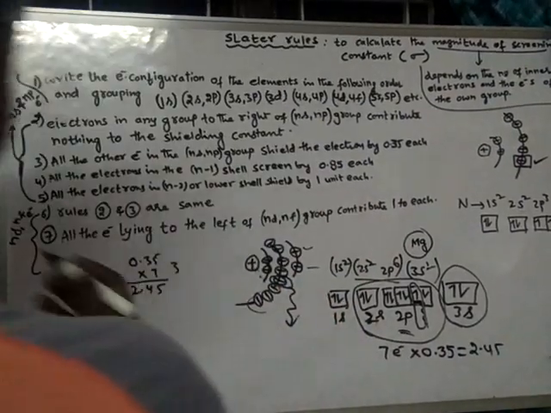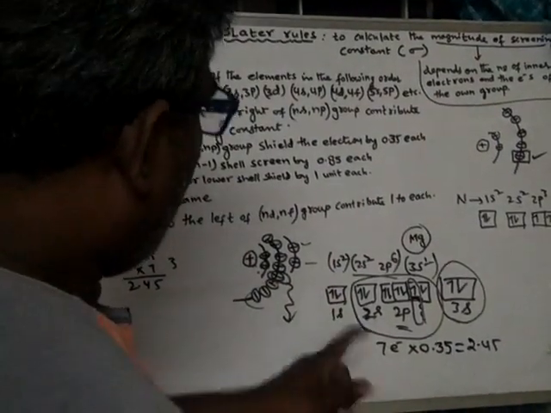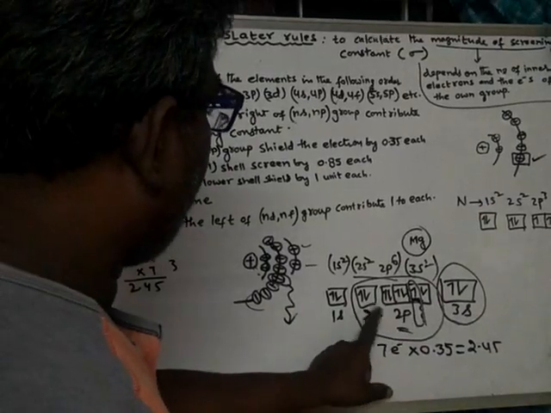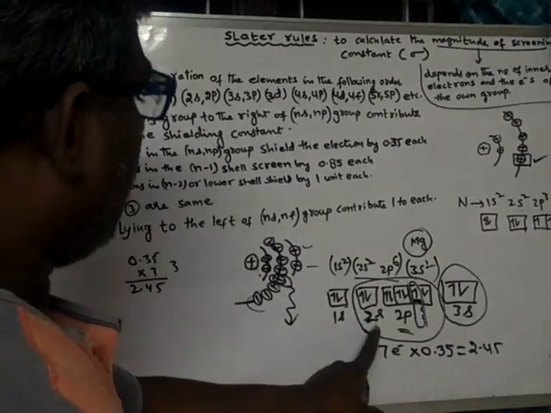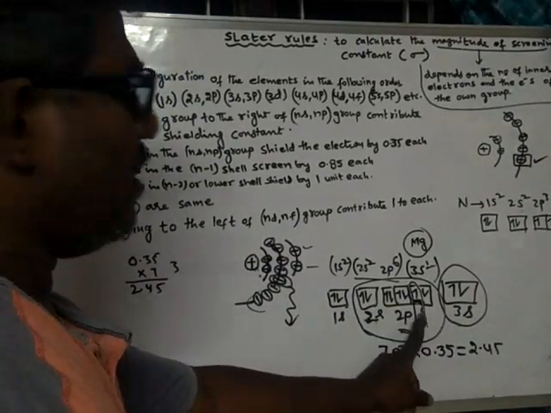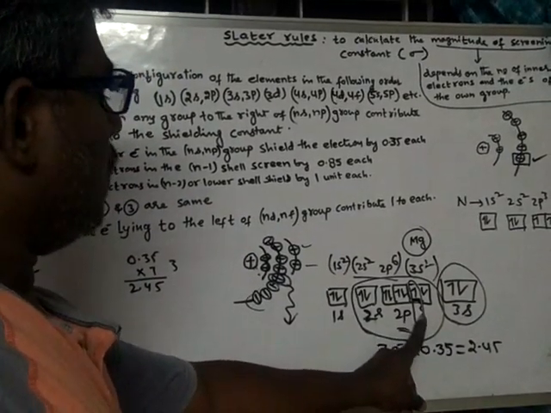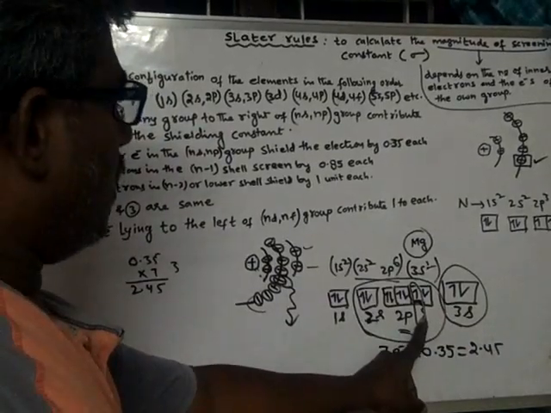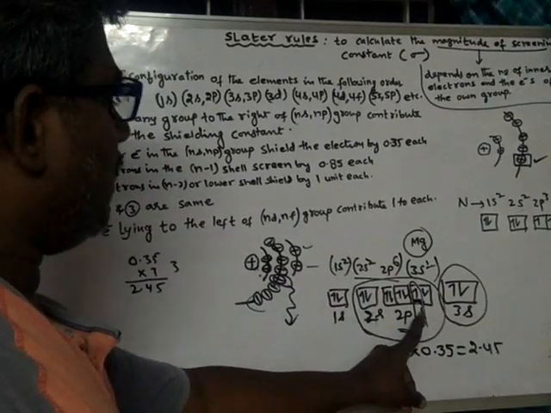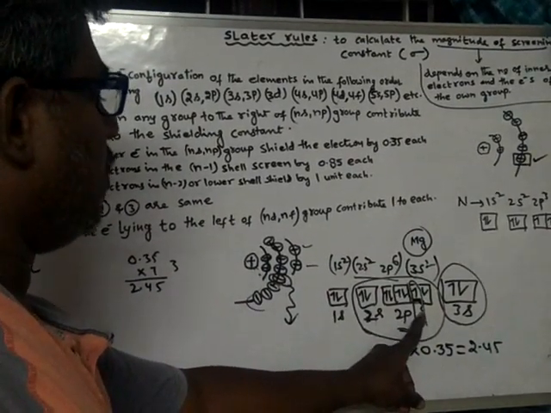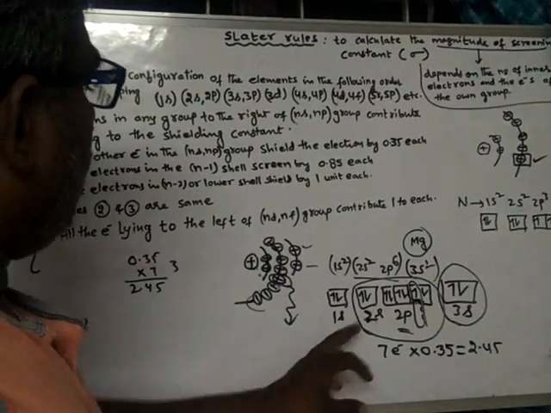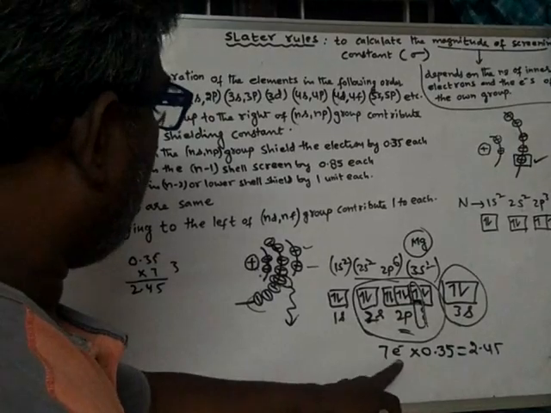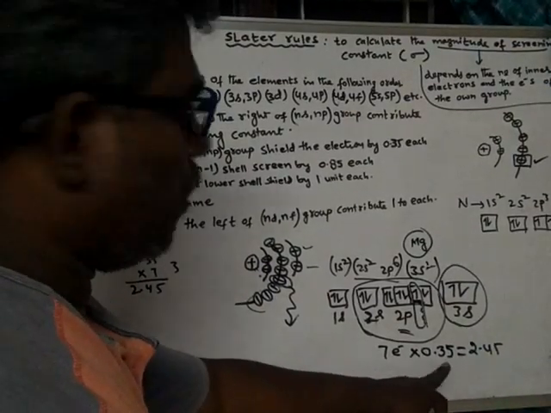That means all the electrons present in the same group, the group where this electron is present, are said to be in the same group. Now 7 electrons are there in the same group, hence 7 into 0.35 each.